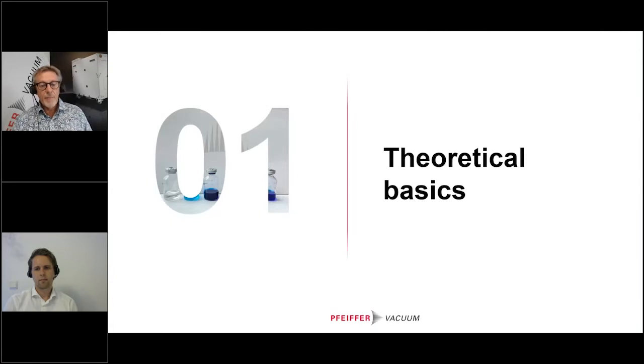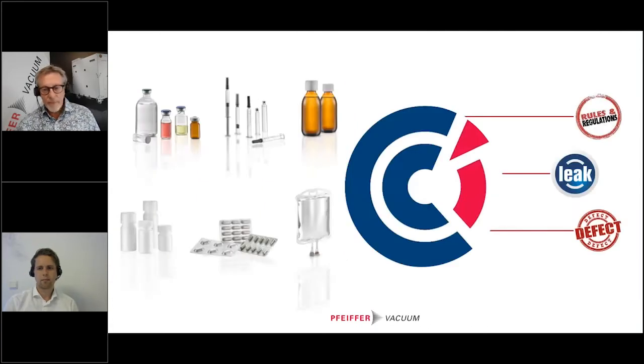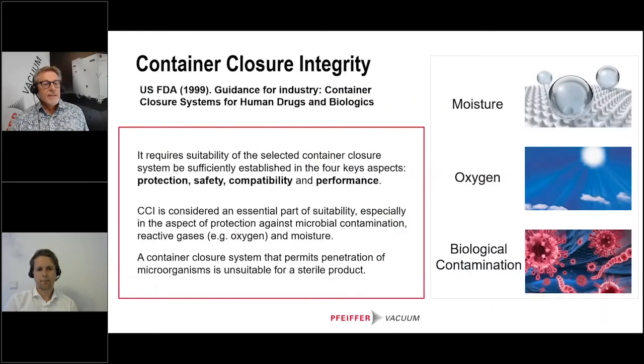So, theoretical basis, just to remind something about rules and regulation, to define what is a leak, what is a defect, in order to have a good understanding of what we will explain later on. Of course, container closure integrity is important for the pharma industry.